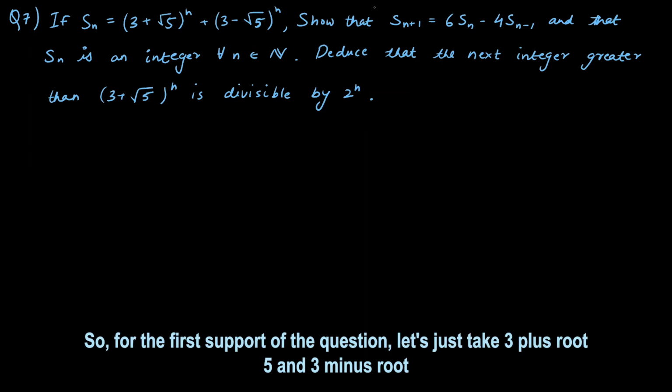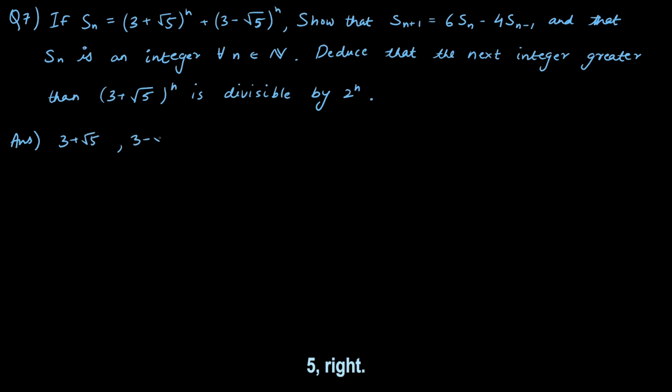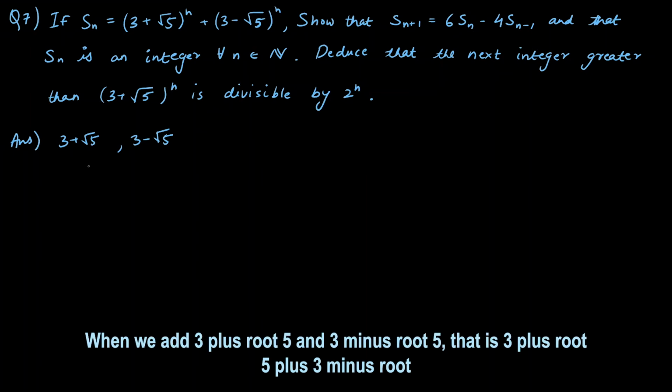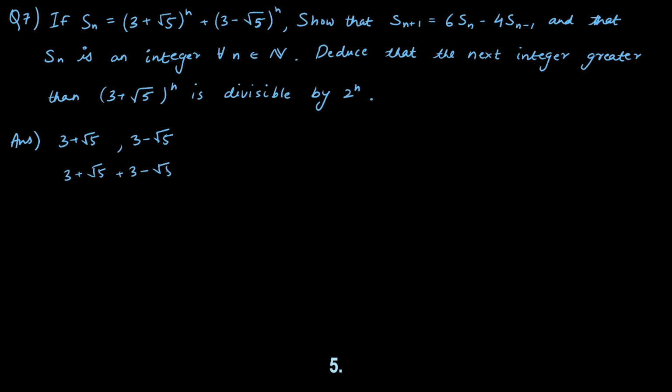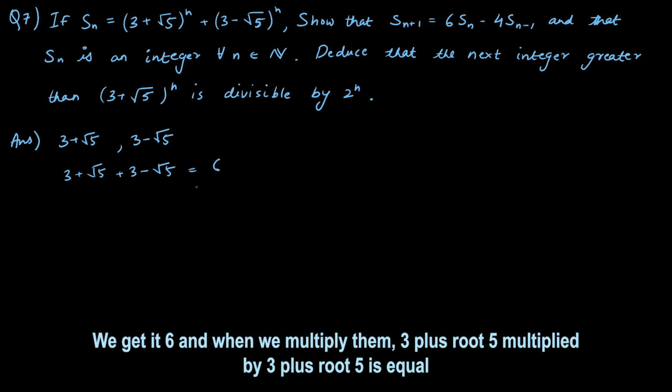So for the first subpart of the question, let's just take 3 + √5 and 3 − √5. We also see 6 and 4 here. When we add 3 + √5 and 3 − √5, we get 6.